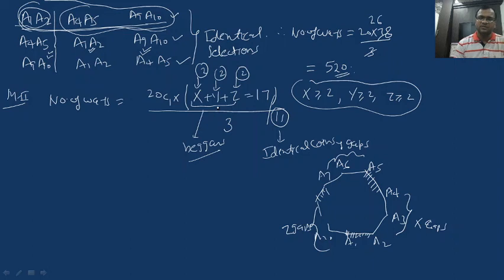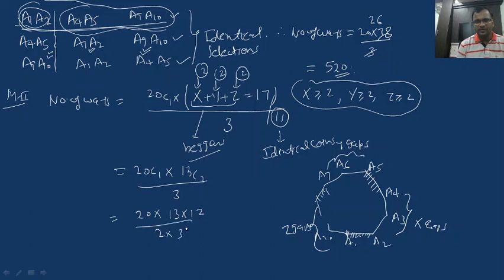The variables x, y and z become non-negative, and in this case the number of ways of distributing 11 identical coins among three beggars is clearly 13C2, and we have to divide by 3 because there is a repetition. So 13C2 is equal to 13 into 12 upon 2 into 3. 3 6s are 18, 2 6s are 12. And here we also get the same answer, 20 multiplied by 26, as we get here. Therefore the answer is the same, 520.